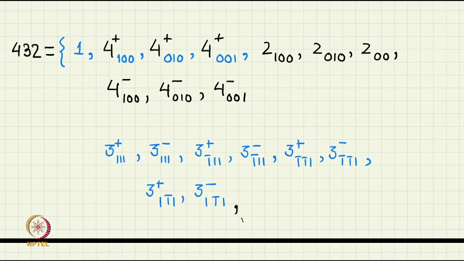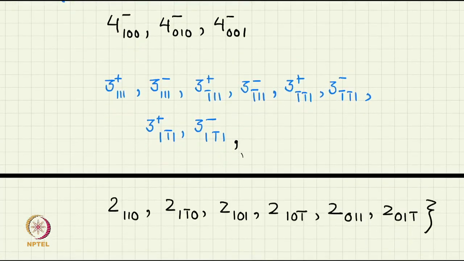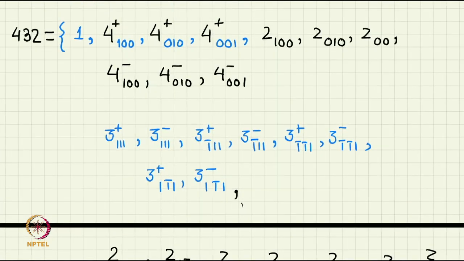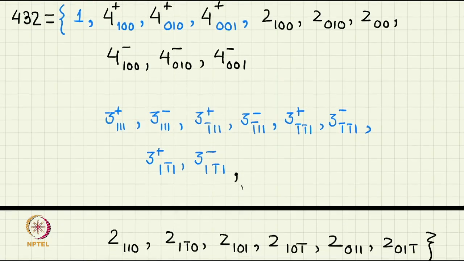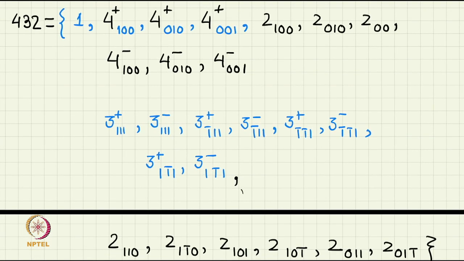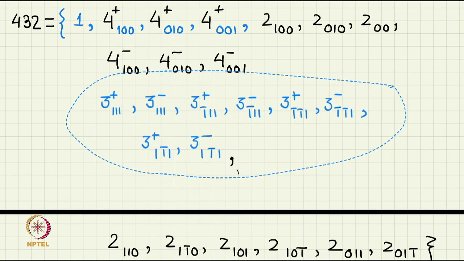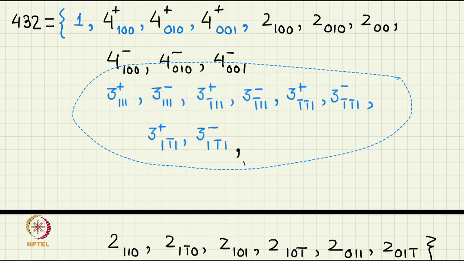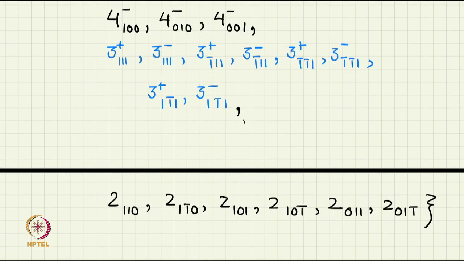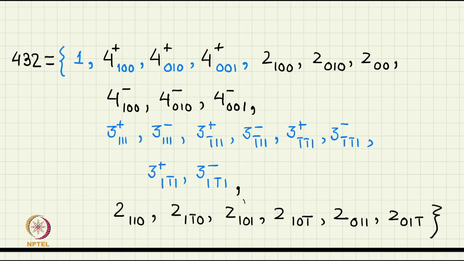You can now count. So, you have a total of 24 operations here. Maybe I can adjust it in one page. Let me try that. So, if I write it here. So, these are the 24 operations of a cube.